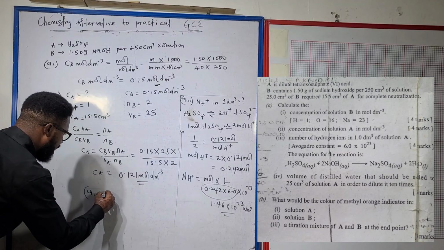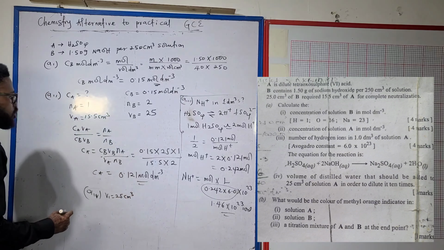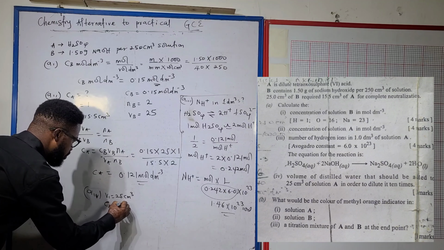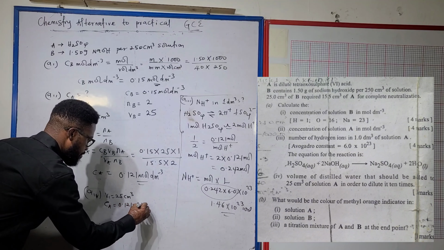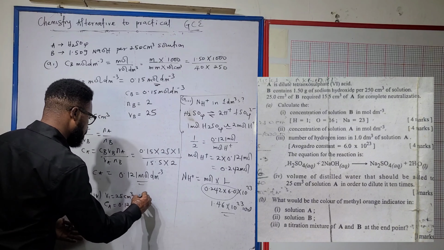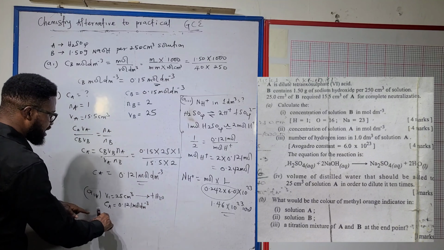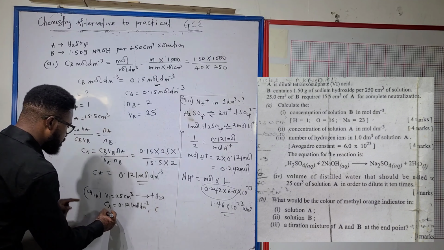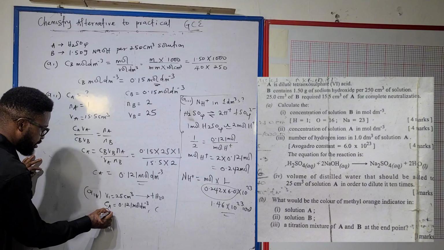So what this means is that V1 is 25 cm cube. Of course, the concentration of A is 0.121 mole per dm cube. So this is now my C1.